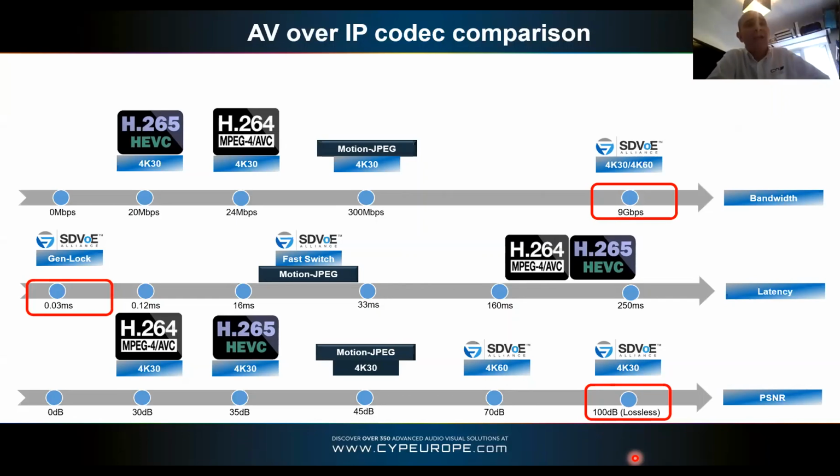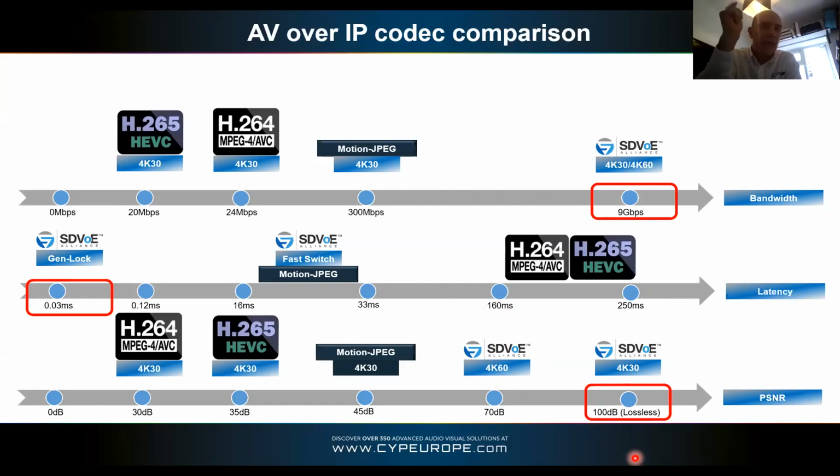And then you have the AV over IP system, which uses Motion JPEG, and then you have the SDVoE system. So as you can see here, as far as bandwidth goes, the SDVoE system has vastly more bandwidth available than anything else in the system. Now you can see that it's listed for 9 gigabits per second there.